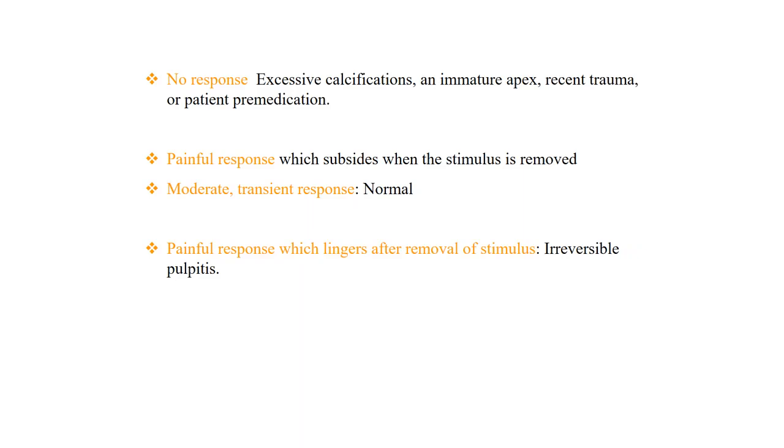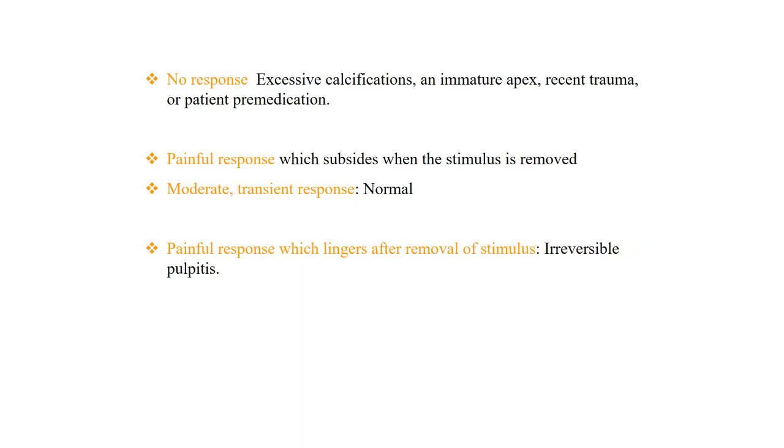The second reason could be that the pulp is vital and normal, but there is excessive calcification. That is why the pulp was not able to respond to your thermal tests. In case of an immature tooth or a young patient, the nerve fibers are not completely developed. So in these cases also, you may not get a positive response.